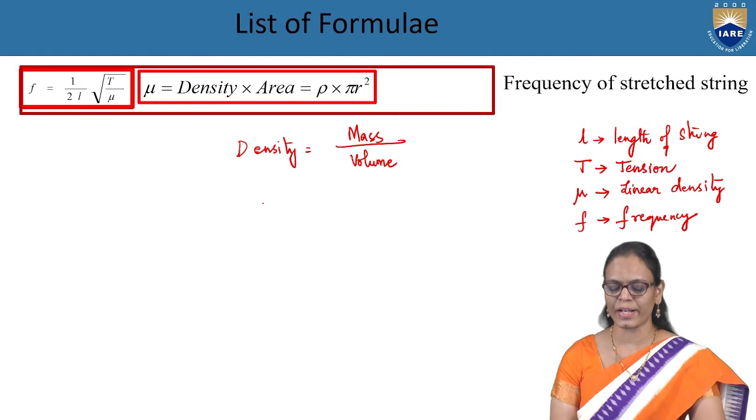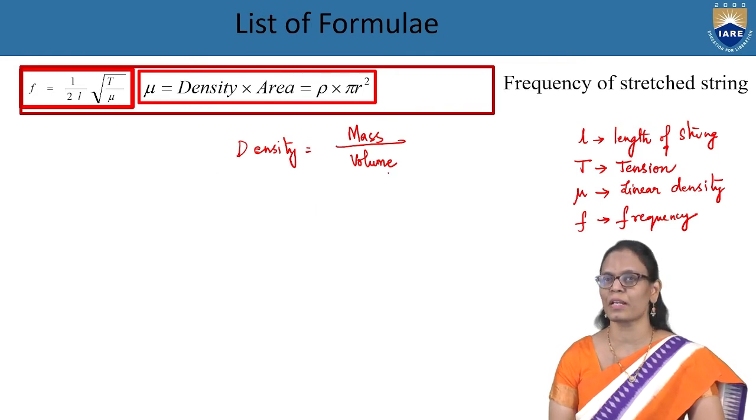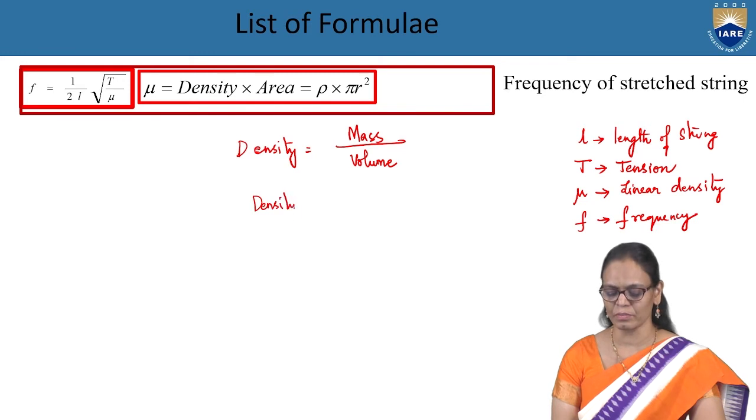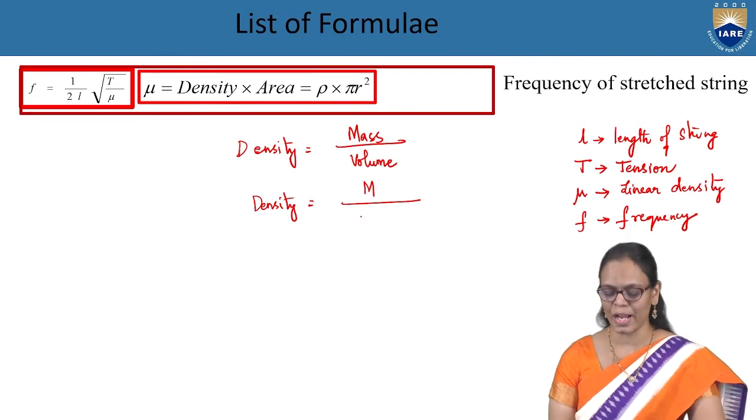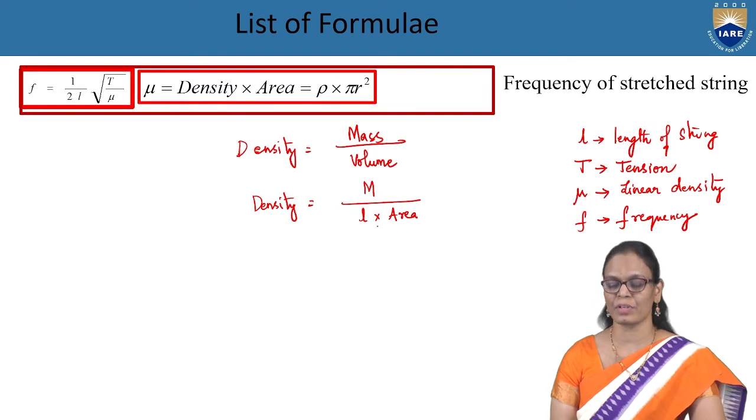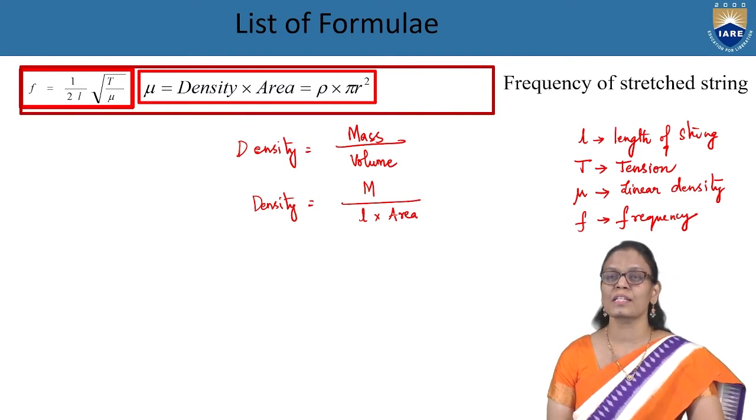So I will just try to rearrange this formula and write density is equal to mass upon, for volume, I will write length into area. We have L into B into H. So if the cross section I take, B into H is giving us the area multiplied by the length.